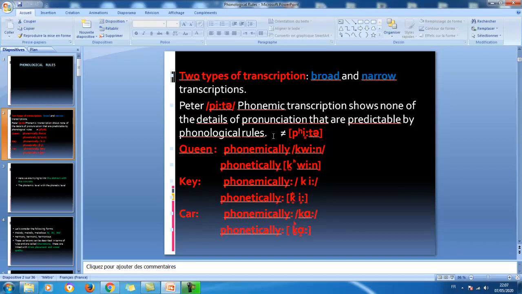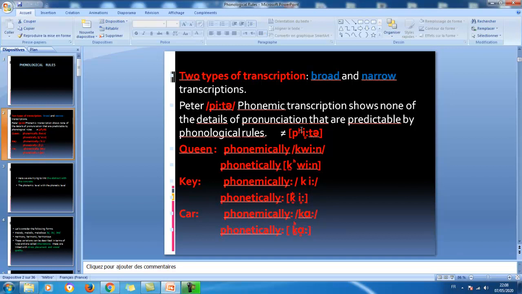Now, the other kind of transcription, which is narrow, is called also phonetic transcription. It's that transcription put between square brackets, and at the same time we include in it as many phonetic details as possible. Here, those phonetic details take the shape of diacritics.